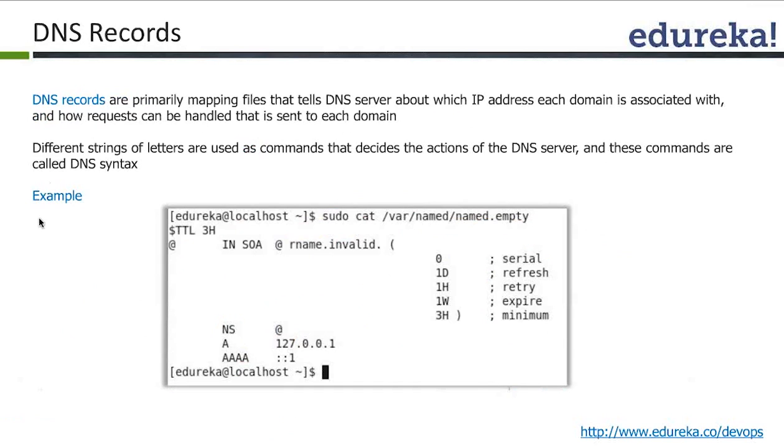Now, configuration of DNS is basically 5 files. It's just 5 different files and nothing more. One is called your named.conf, which is in the etc directory, and then there are other 4 files which are in the var named directory. Of the 4, 2 are mandatory and 2 are optional.